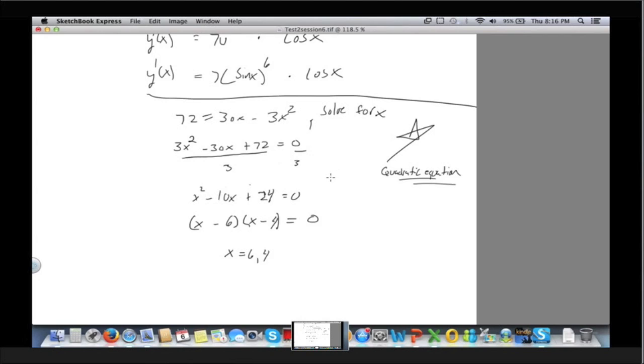It's possible, but difficult. So if the coefficient on the squared term is not a 1, you want to divide by that so it will be a 1. The new equation was much easier to reverse FOIL. Then we do reverse FOIL, and we set each factor equal to 0. So we needed to review that technique.